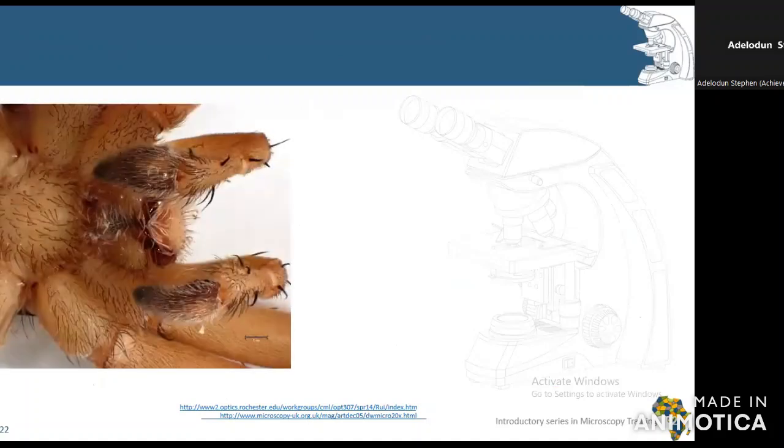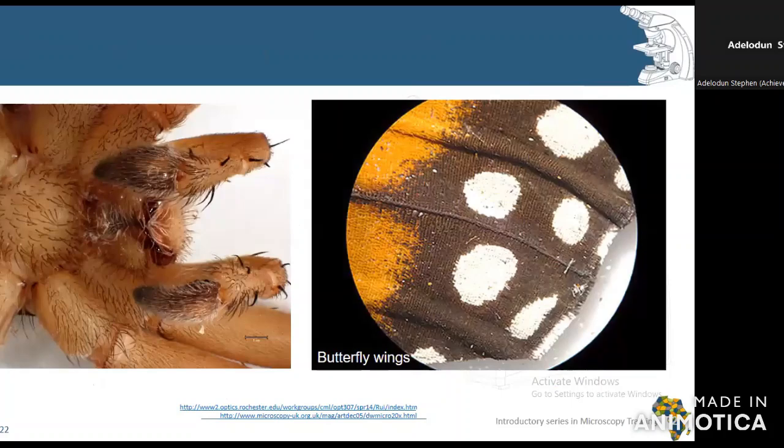All right, this is a stereo slide of the spider and that of the butterfly wings. And modern stereomicroscopy has a particular feature that allows someone to take multiple focused images at different Z planes.